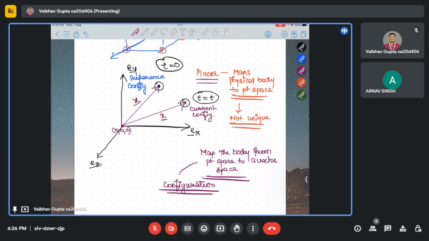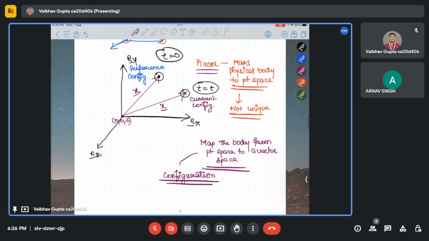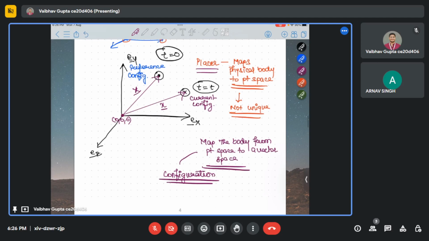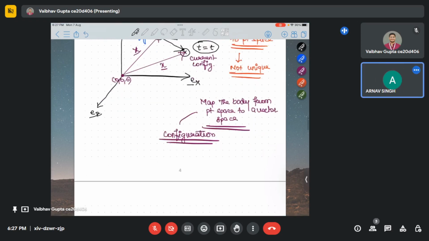Can you tell me what is the displacement of these two bodies? Displacement is nothing but a straight line joining the position of a particle in the reference configuration and current configuration. That is the shortest line. This is the displacement. So what do we mean by displacement?